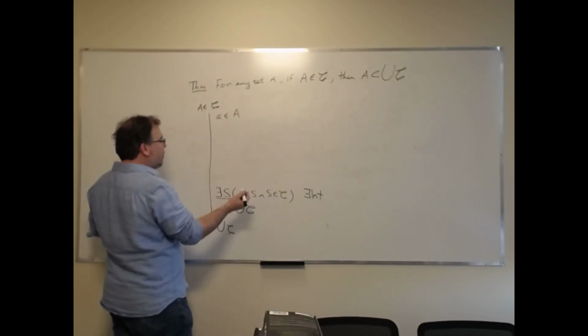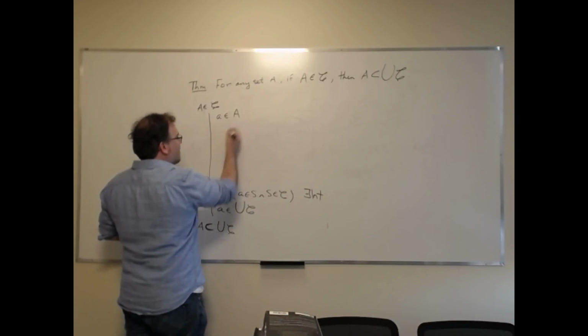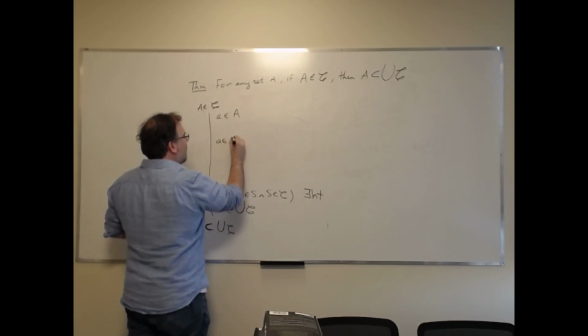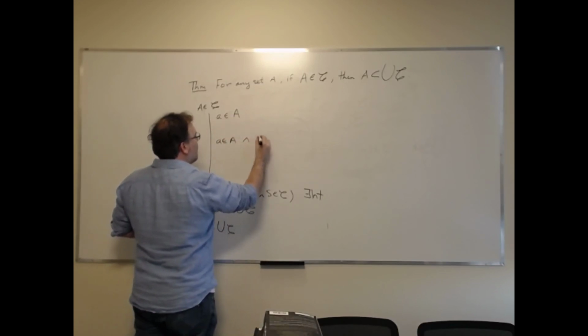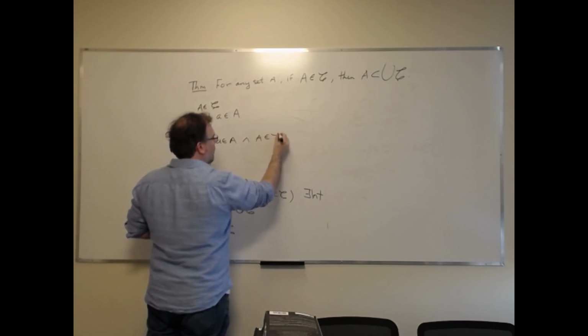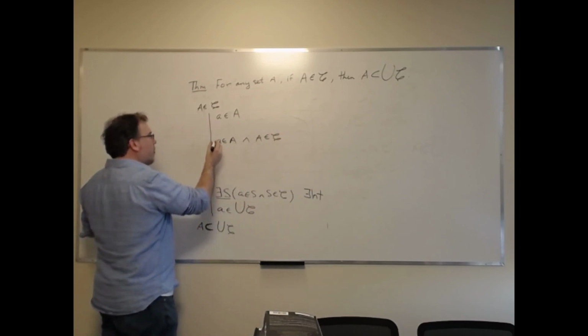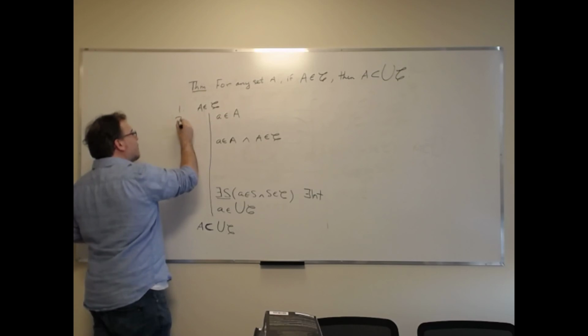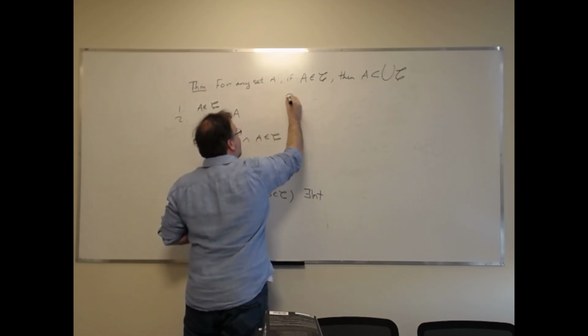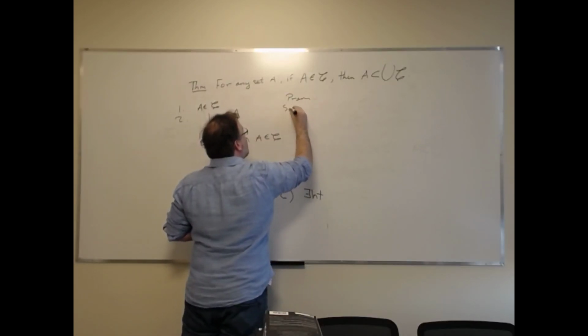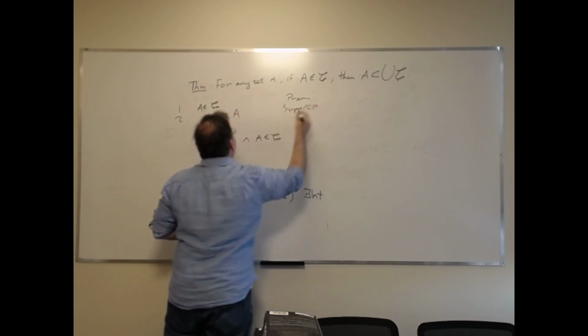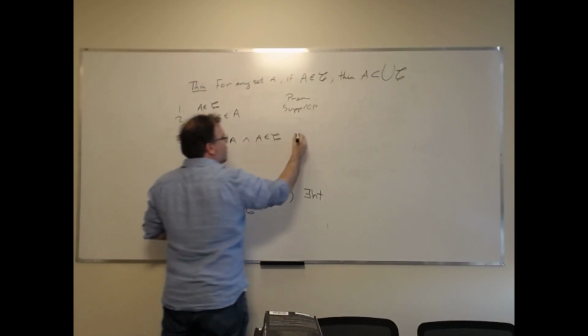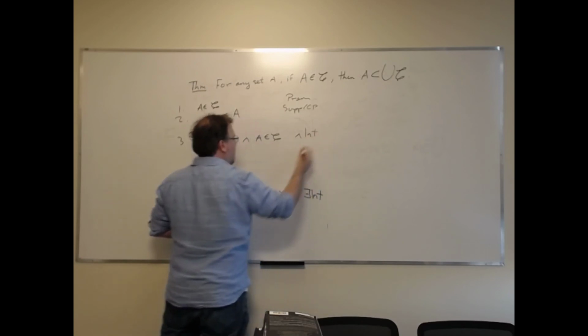But of course, we do have exactly that. We know that A is in A. And furthermore, we know that A is in the collection. So that was our premise. That was a supposition for conditional proof. That's just conjunction introduction.